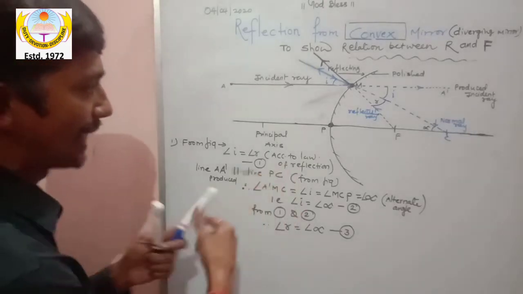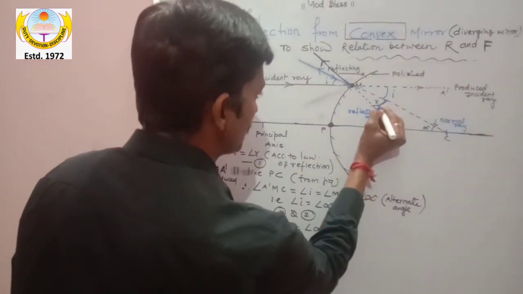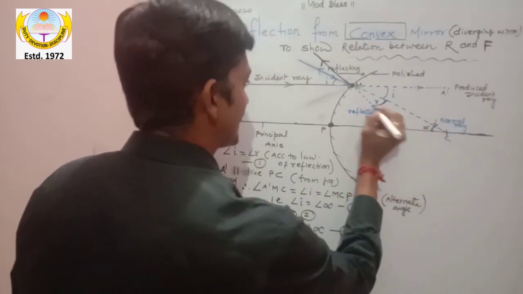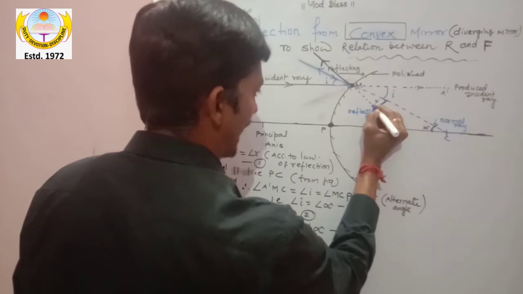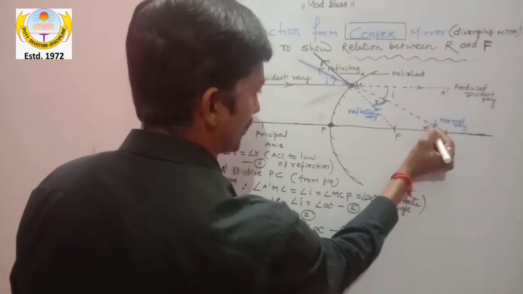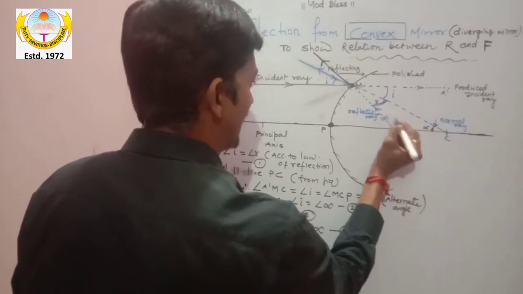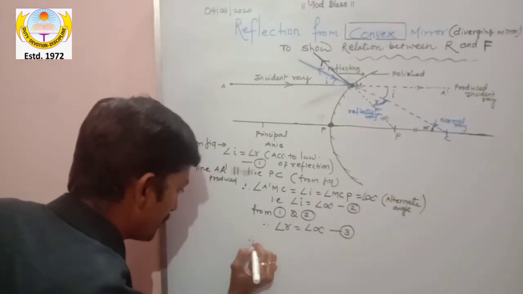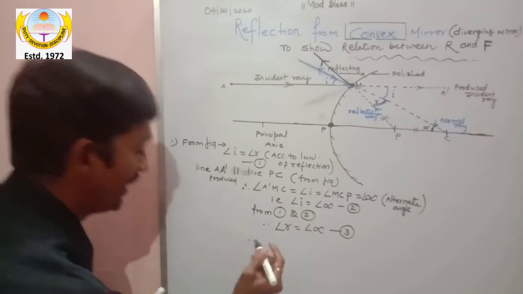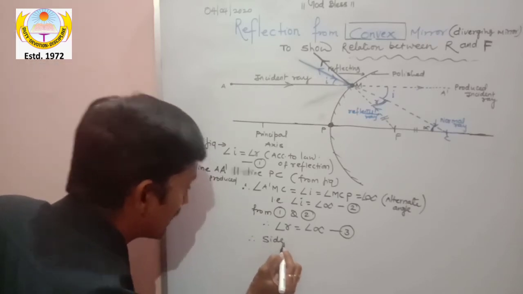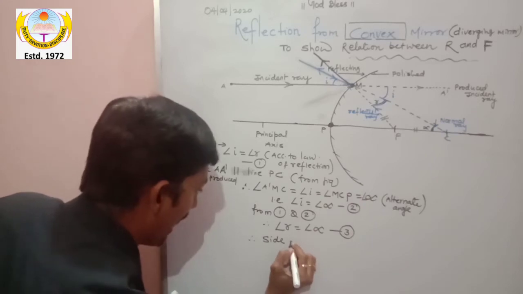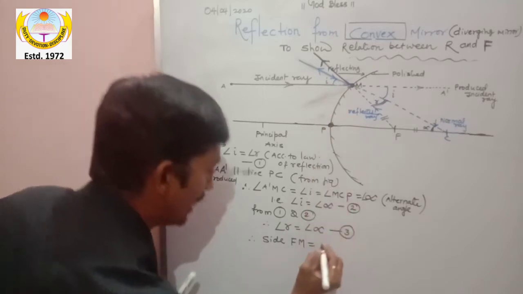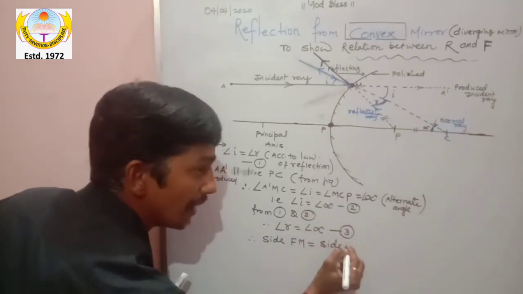Now, if I said this angle R is equal to this angle alpha, so I can say in the previous also the angle R is equal to this angle alpha. It means this side is equal to this side. That is, therefore, here I can write the side FM is equal to side FC.